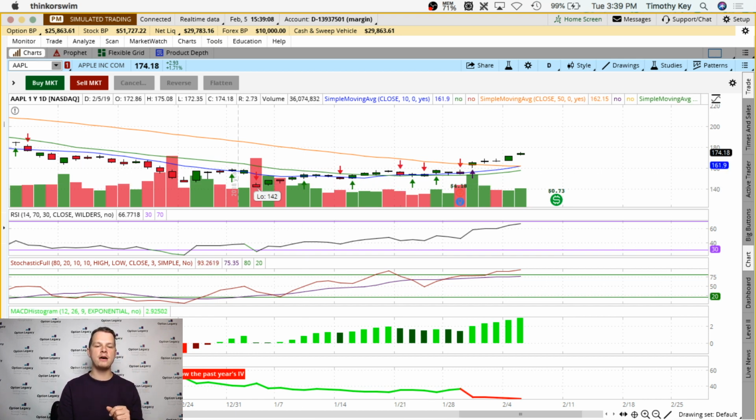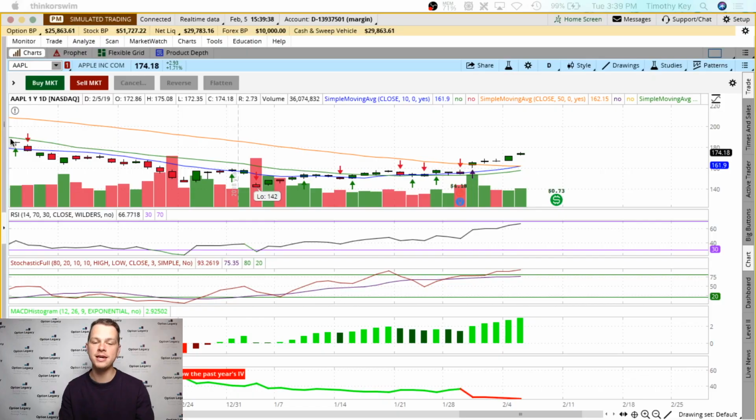So let me break that down for you a little bit. On the chart, the 10-day simple moving average is the blue line, the 20 is the green line, the 50 is the orange line. But whenever you have a smaller time period, like a 10-day, crossing a bigger time period, like the 20-day, to whatever direction, it can be an indication of momentum to that direction.